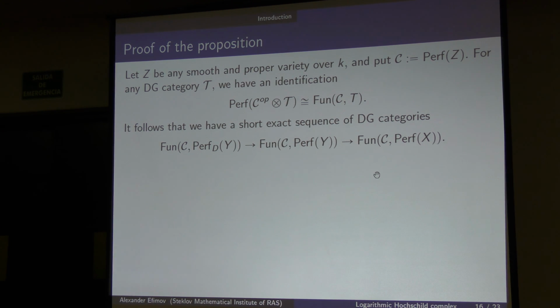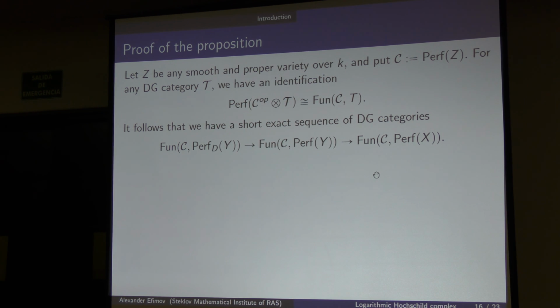So it's important that taking functor from C is the same as multiplying by C opposite, and multiplying by anything is an exact functor. So in this sense, any category is flat, but not projective. Presumably, when C is not smooth and proper, then the first identification doesn't work. Yeah, that's what I'm saying. The first identification wouldn't work, so we will not have this short exact sequence.